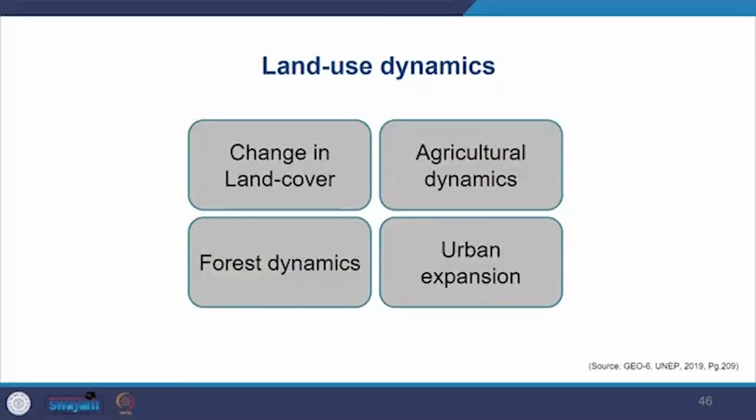So now let us go through some of the key state and trends in case of land. So we see there is change in the land use cover. So that's a very significant one. So due to climate and geological or ecological process, that's happening. Most of the time land cover changes, but most responsible activity is agriculture.